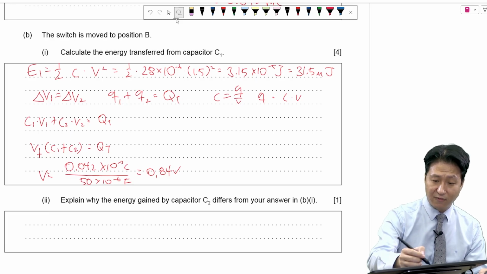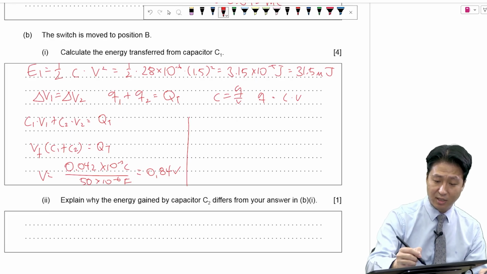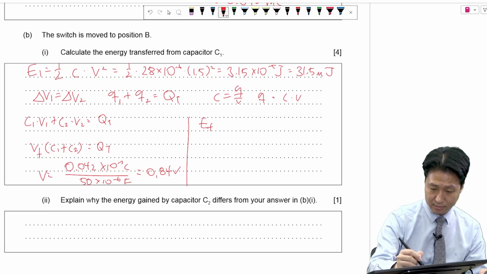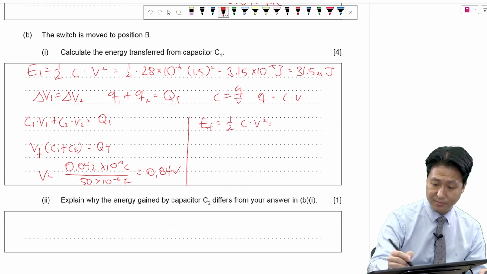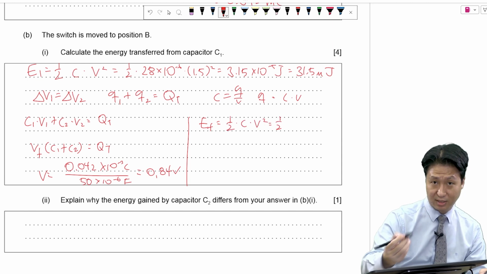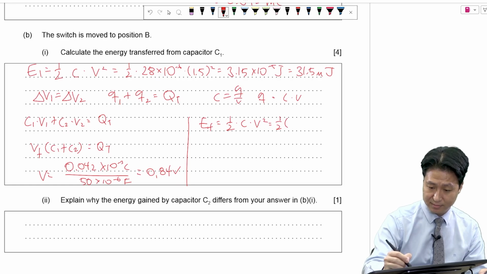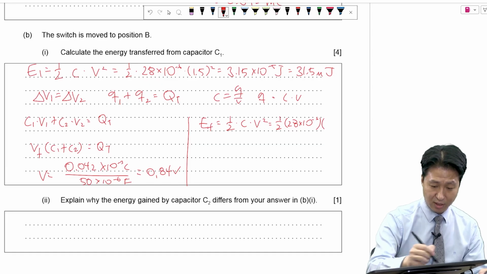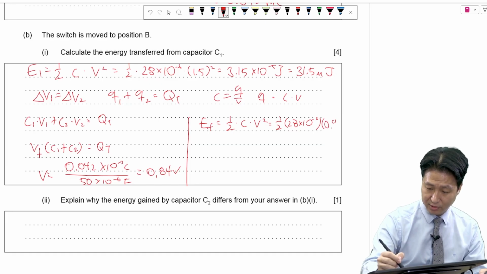Using that, we can get the final energy of capacitor 1. 1/2 times the capacitance times the voltage squared. 1/2, it's still 28 microfarads, but now it's 0.84 volts squared.